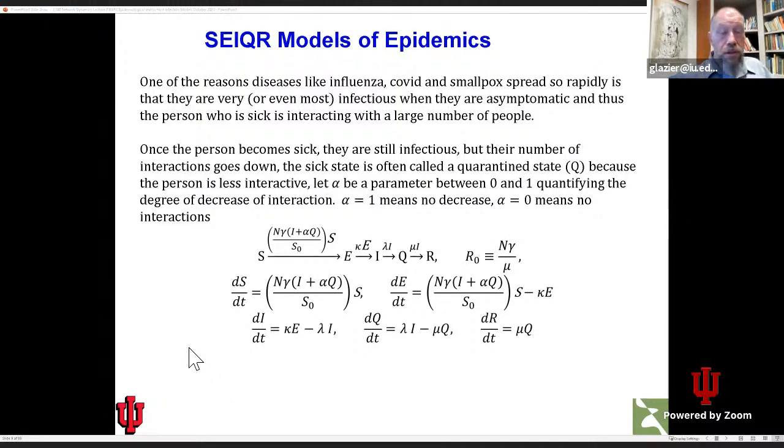If alpha were 0, that would mean that you were completely isolated and infected nobody. In reality, that number is going to be somewhere between 0 and 1. Presumably, you could infect your family, but not other people if you're in bed, or infect people in the hospital, but not other people. And so that kind of model structure is something that one could play with.